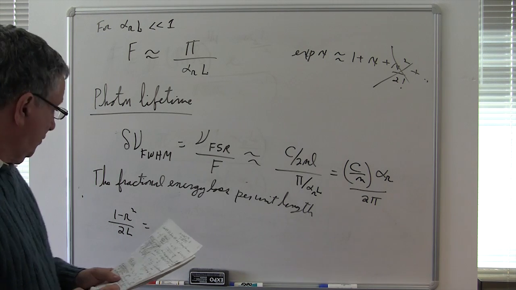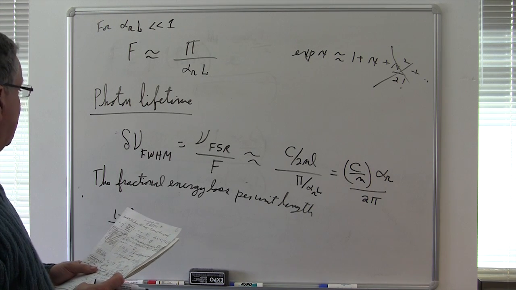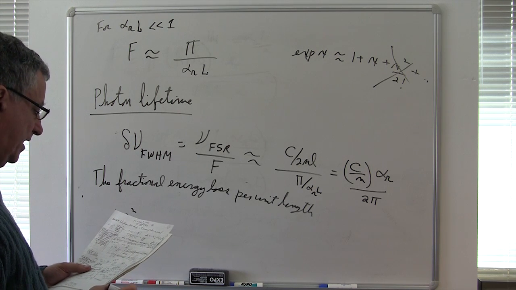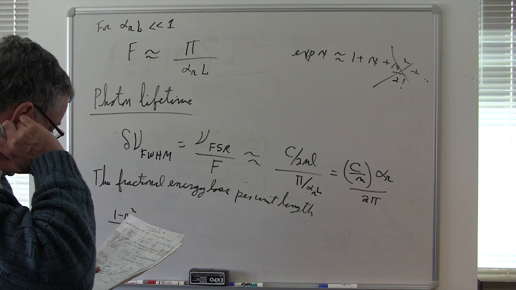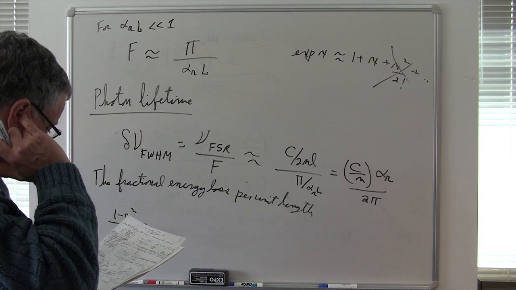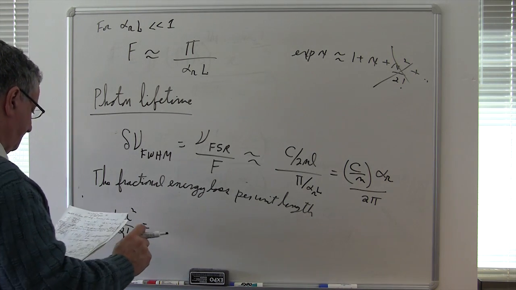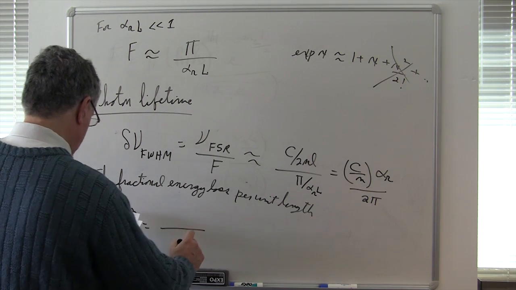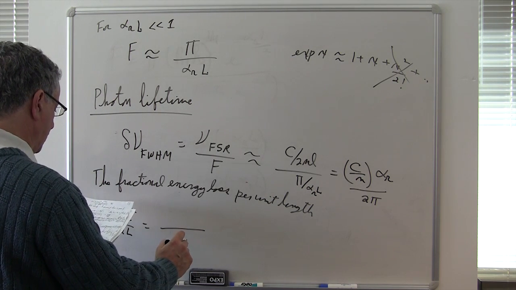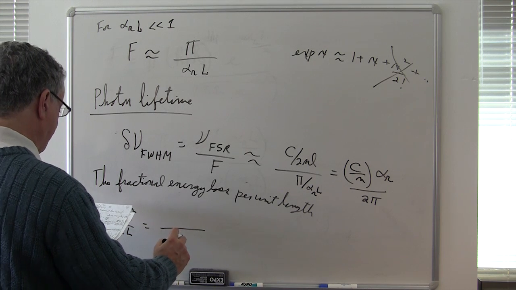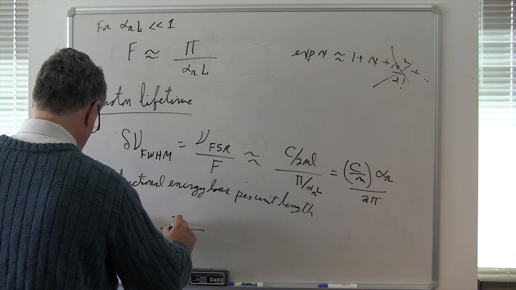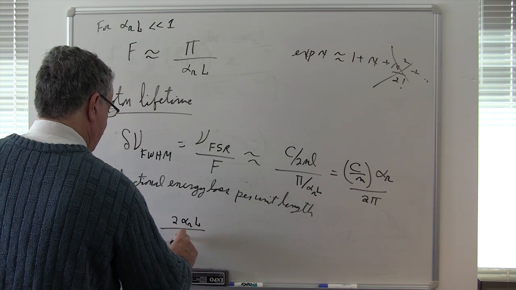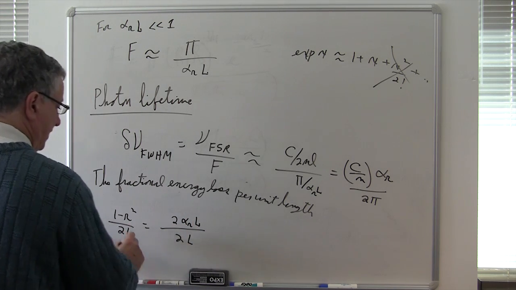So what we get from this is that 1 minus R squared, using the definition of R squared, which is exponential of minus 2 alpha R L, gives you 2 alpha R L divided by 2L here.